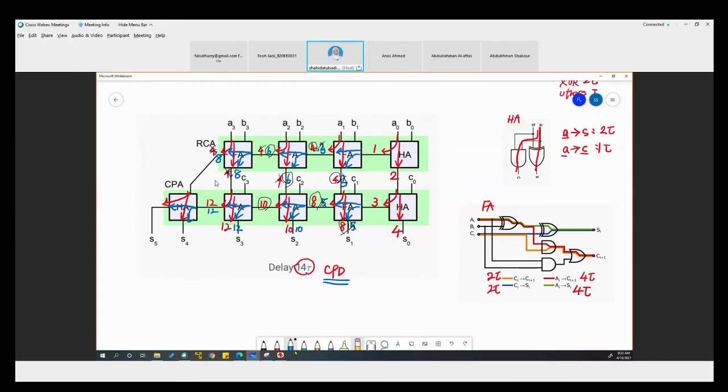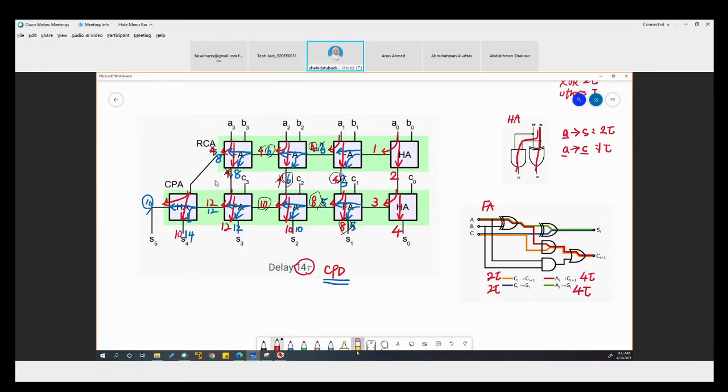If it is coming from this input, it will be 10 somewhere here, and then if we go from here, that's 12 plus 2, that's 14, right? And here is 10.